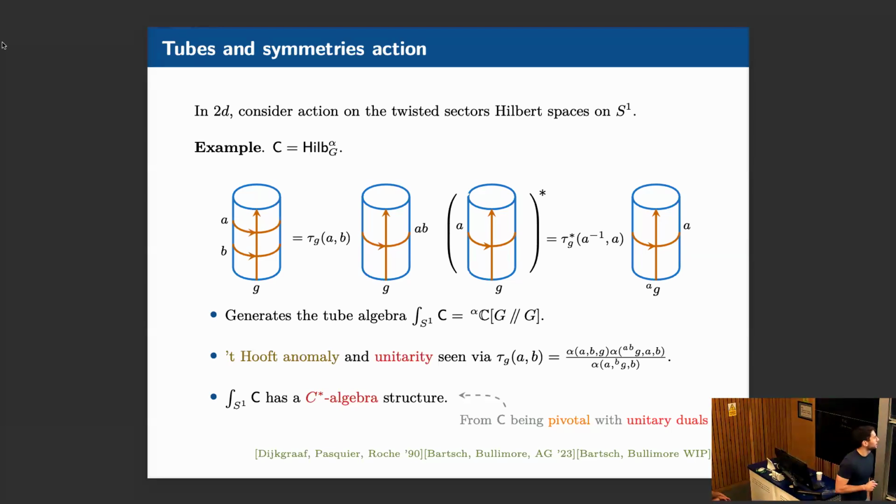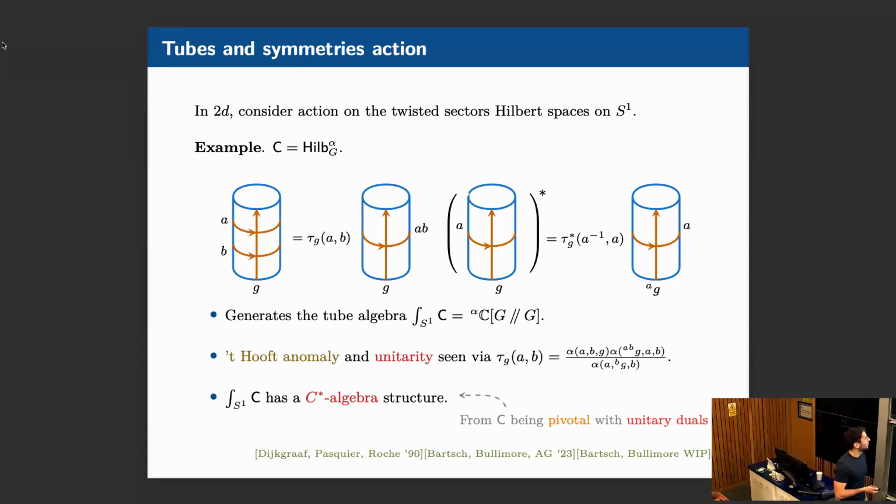And what we find is we have pictures like this. We have our Hilbert space on S1 twisted by a possible line, and we want to act on it with some operator, say here B and A. Generally, we want to take this down essentially to describe the actions of these lines on the operators that live in the twisted sector.